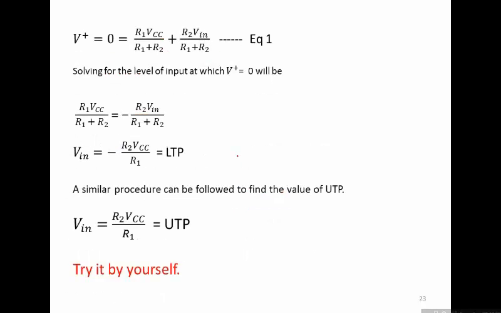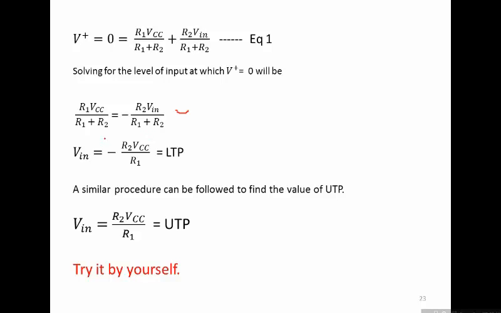So the instant at which V plus becomes equal to 0 can be computed from this relationship by setting the value of V plus equal to 0 in equation 1. From which we can compute the value of input that would be equal to minus R2 into VCC divided by R1. Simplify this equation and you will end up with this relationship.